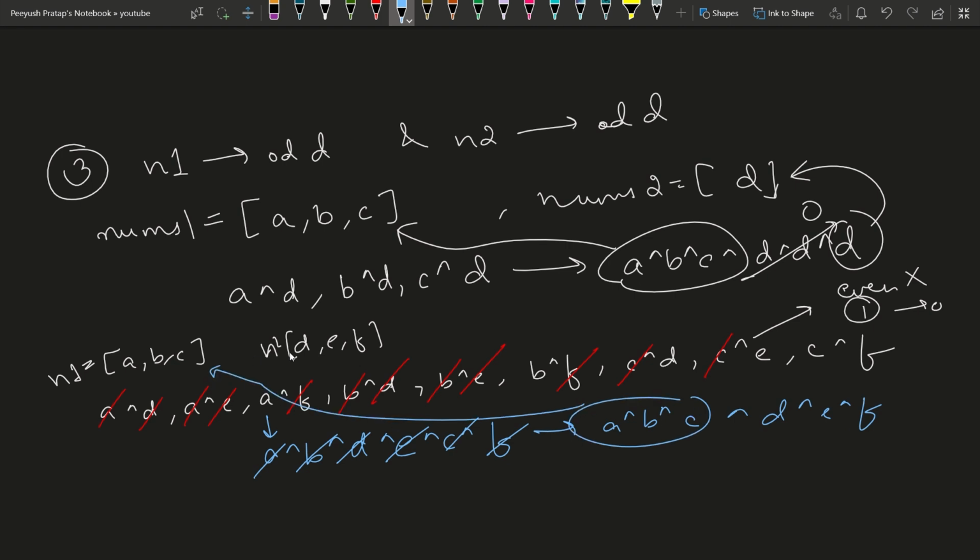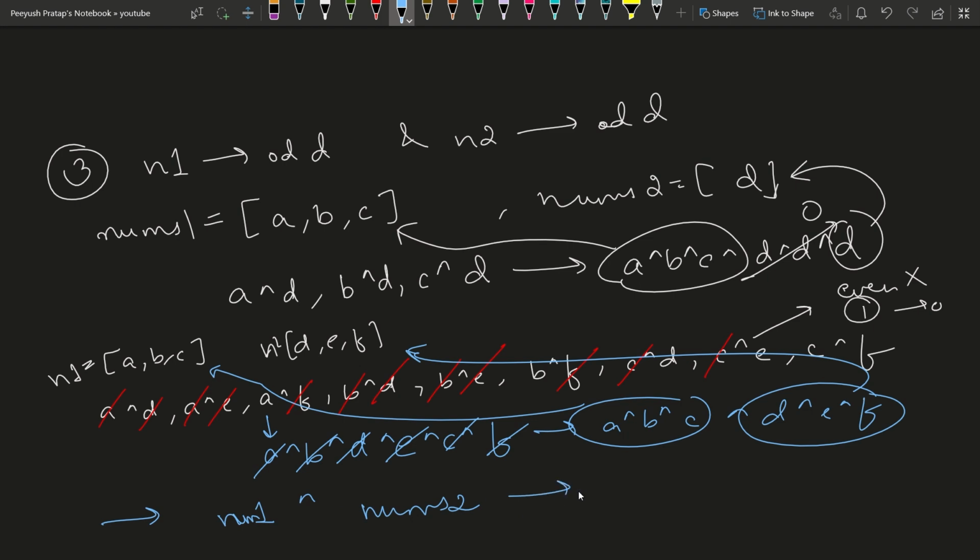XOR of this array. What is this portion? XOR of this array. So if both are odd, then what will be the answer? XOR of all the elements of nums1, and XOR of all the elements of nums2. That will be our final answer.